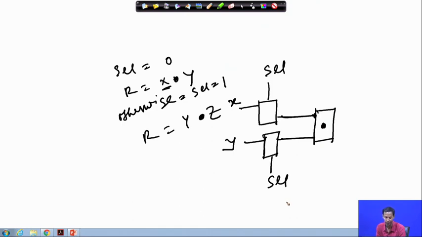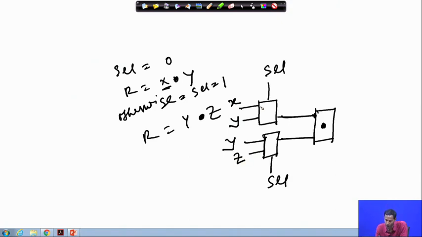And if select equals 1, at that time what I need is y multiplied with z.